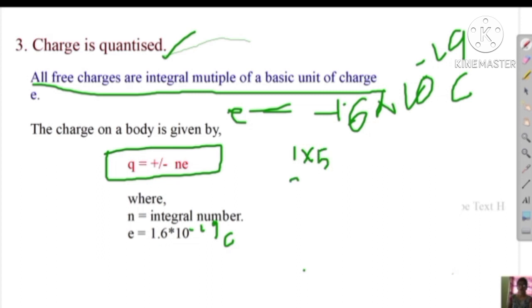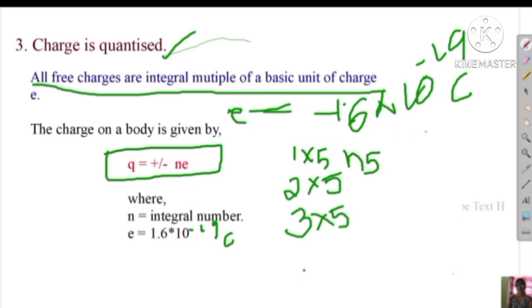If you purchase 2 chocolates, the 2 chocolates are multiplied by the value of a chocolate, that is 5, and you will give him 10 rupees. If you purchase 3 chocolates, again 3 chocolates are multiplied by the same value, that is 5. Similarly, n chocolates will be multiplied with the value of a chocolate, which is 5.